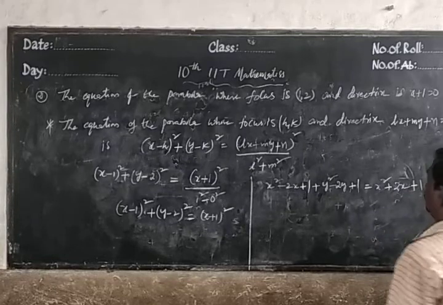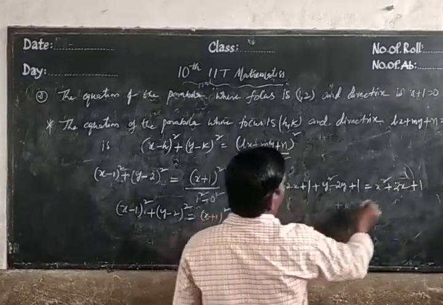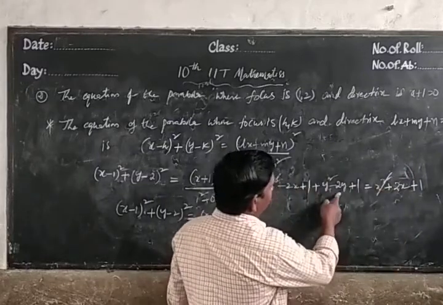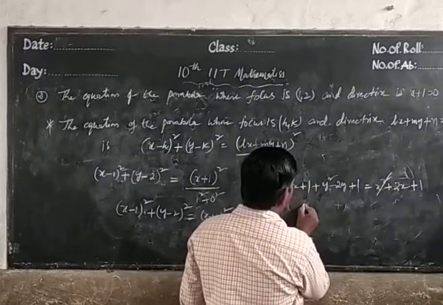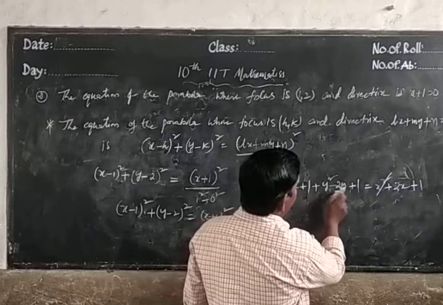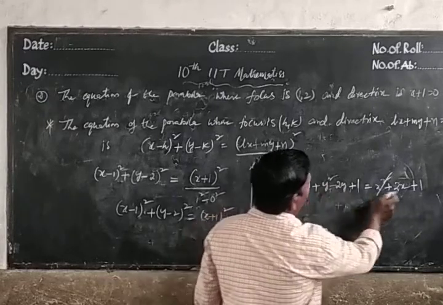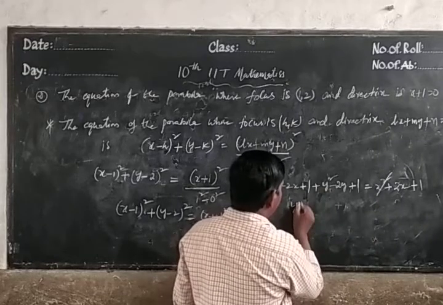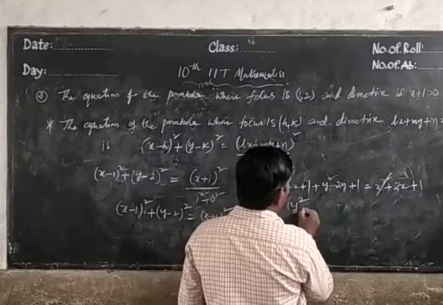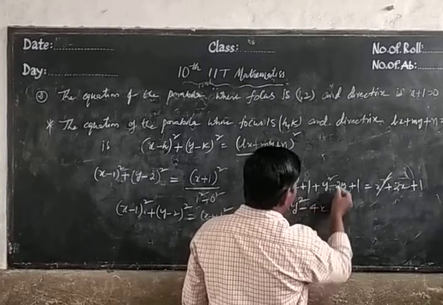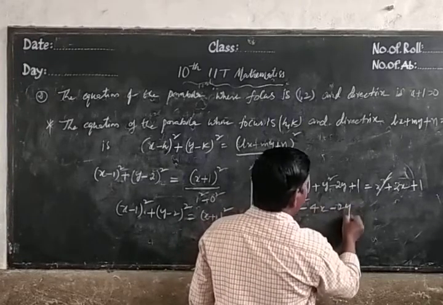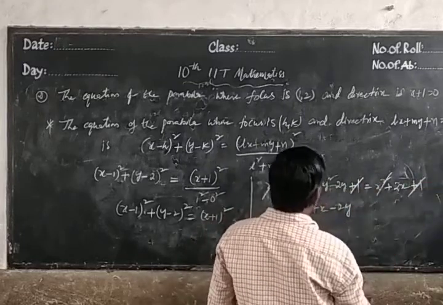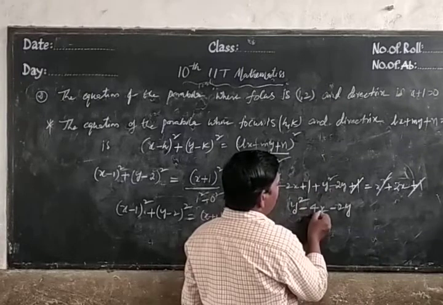The x square terms both are cancelled, and the 1 also cancelled. So y square minus 4x minus 2y.